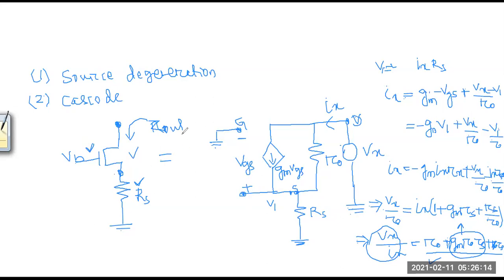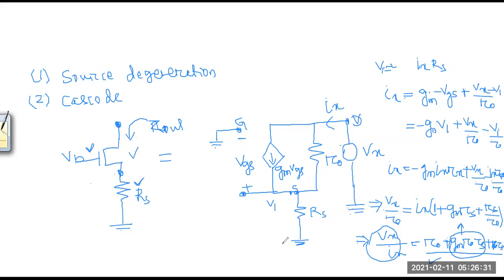It's not simply R0 plus Rs. So now the total resistance is very high. So this is one thing.